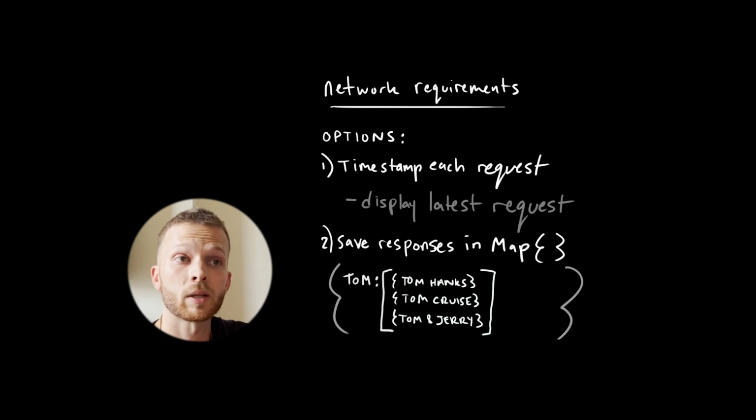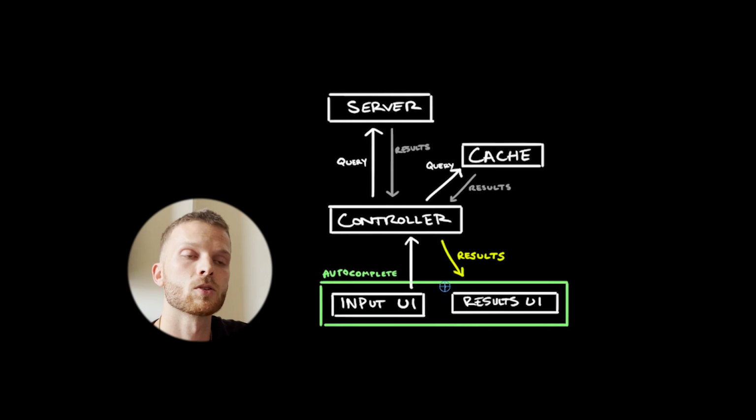Since we are planning on implementing some kind of cache, which will remember the responses of each query that we send, option 2 might be more aligned with what we want to go with. And in just a minute, we'll revisit this idea to see exactly what kind of structure might work best for a cache.